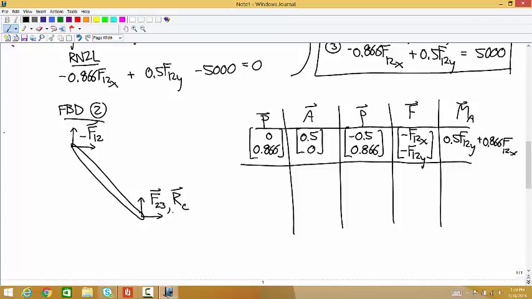And then down at C, that's where the about point is, so the row vectors are going to be 0. Those forces are applied at 0.50. The about point is 0.50. Row vector is 0. The force vector, let's do F23 first.